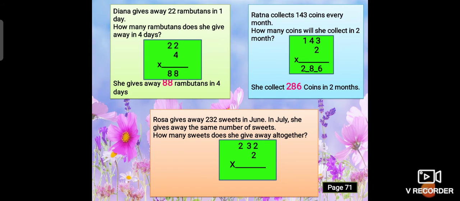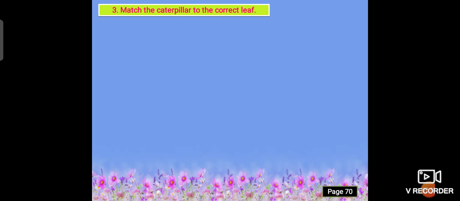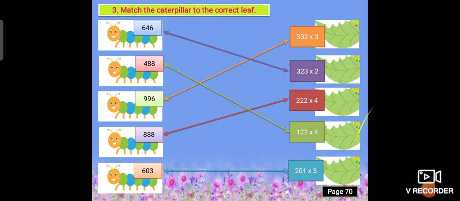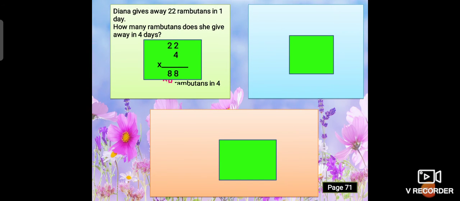We need to multiply 232 sweets times 2. So let's work on ones first. 2 times 2, 4. 3 times 2, 6. And 2 times 2, 4. So let's continue.